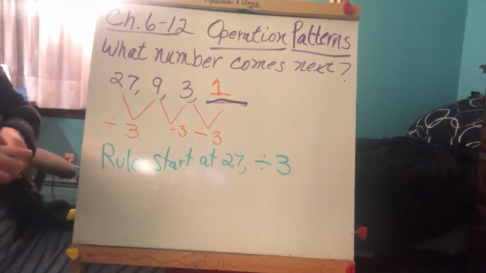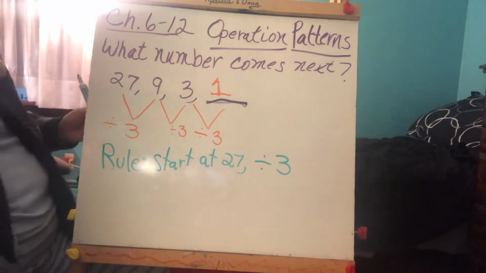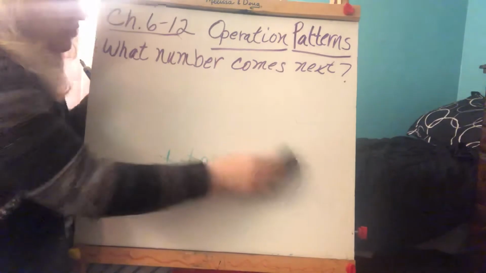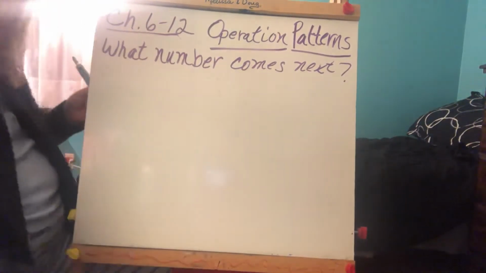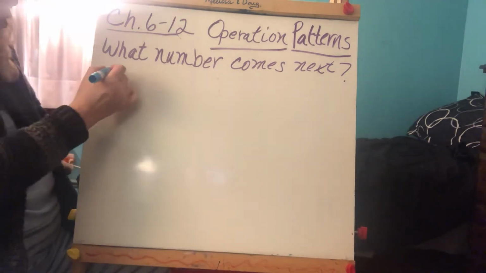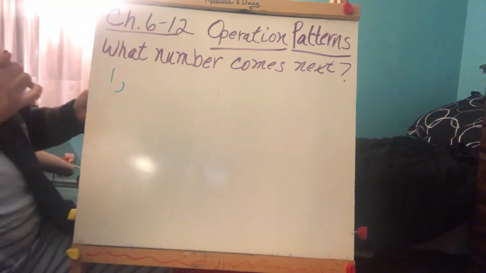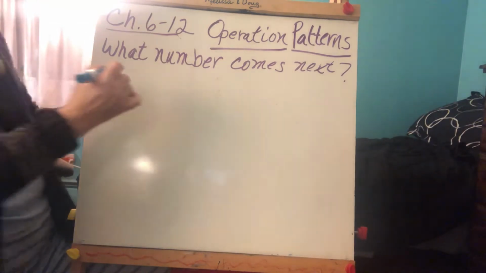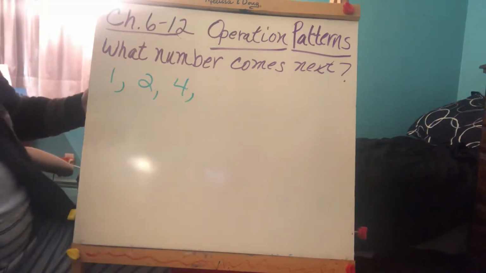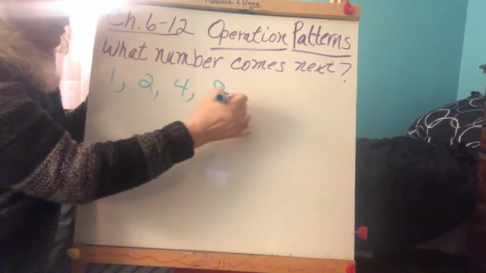All right, so what if I give you a different example? You're still going to find what number comes next in the pattern, and you're going to write the rule. So let's say we were given this time 1, 2, 4, 8, blank.